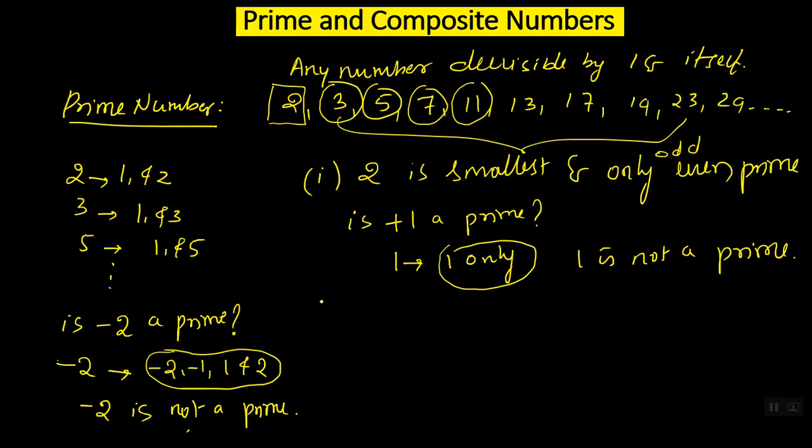So the second important point I wanted to conclude here is, from all this discussion we say negative 2 is not a prime, negative 1 is not a prime, and so on. So we can make a conclusion here: prime numbers are positive numbers, isn't it?